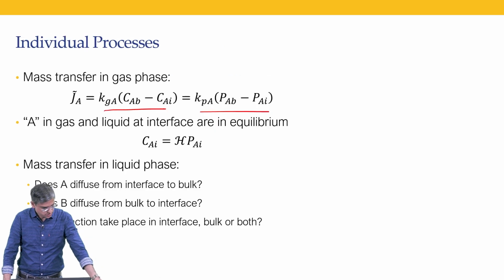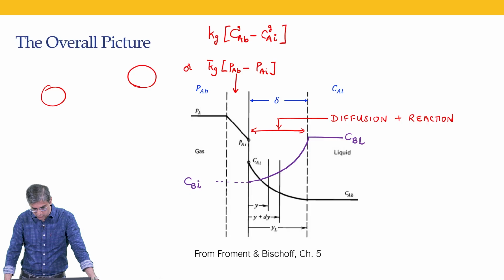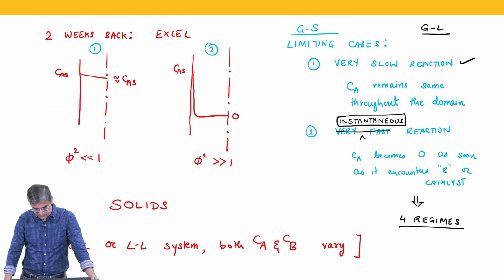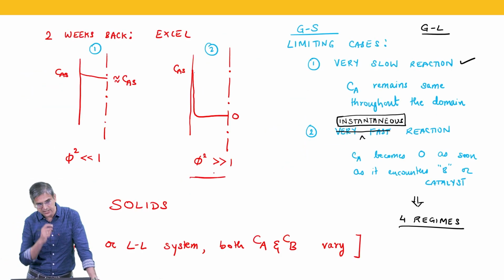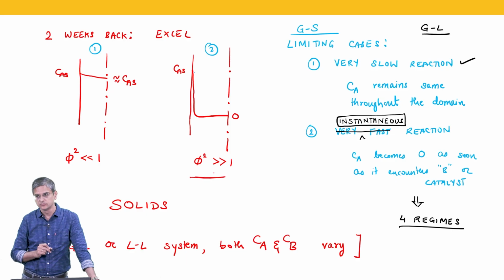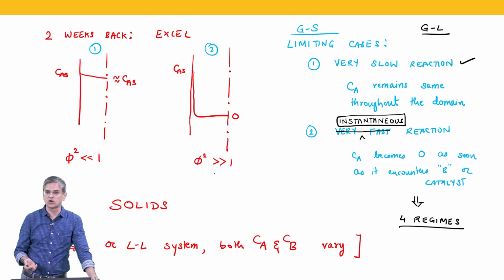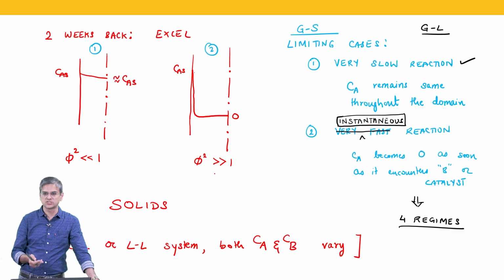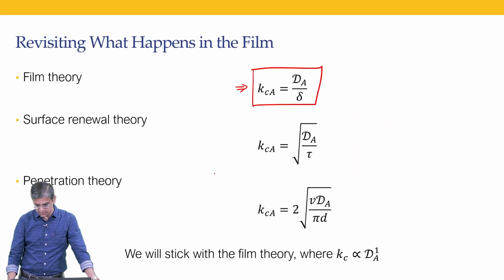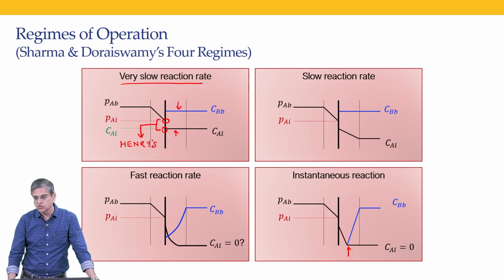This is what we talked about in this particular situation, where A falls to 0 as soon as it contacts B, B falls to 0 as soon as it contacts A. That the original authors called instantaneous.